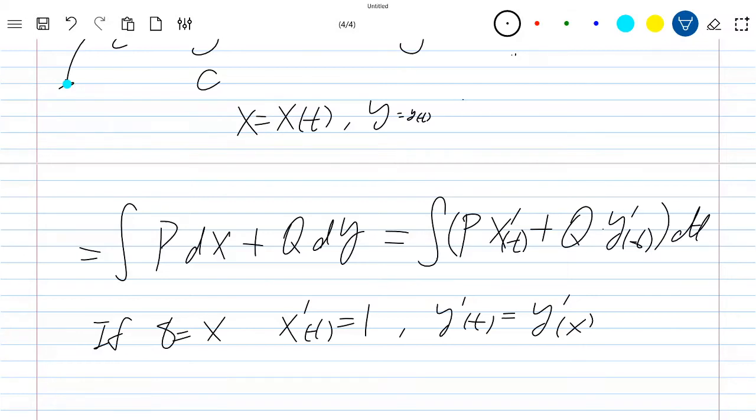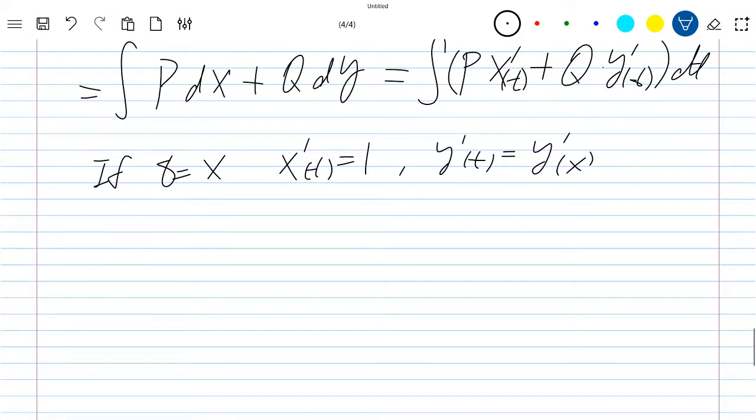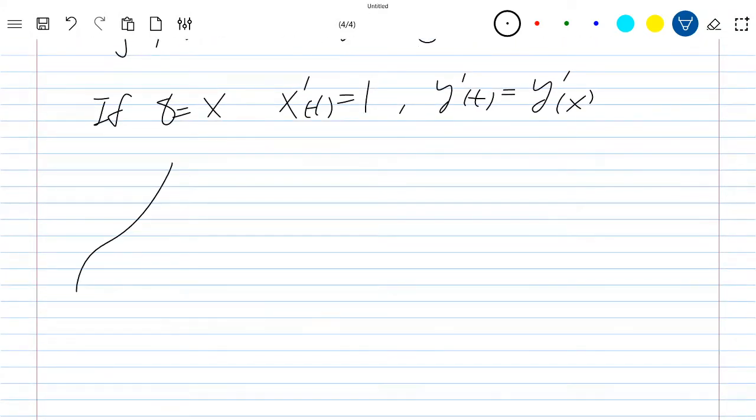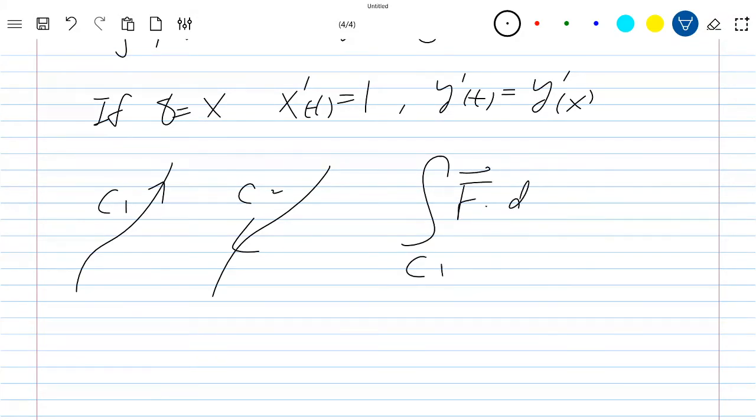Now, the vector integral along a curve and along the backward curve, C1 and C2, will be different. They are along the same path, but in the opposite direction. It turned out that they are different. Actually, it is the opposite. Why?